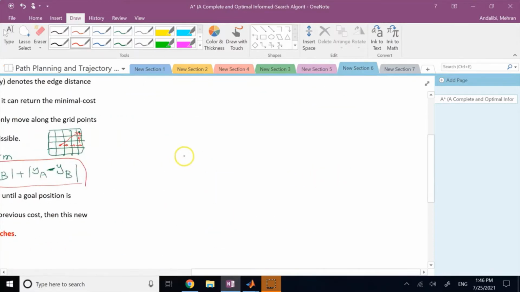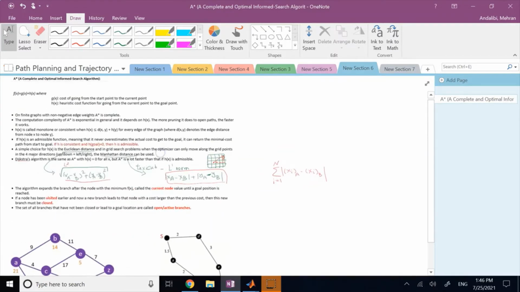So in general, it is a summation of the absolute value of XiA minus XiB, where i goes from 1 to n. Here you have n components in vector A and vector B. That's in general what the Manhattan distance is.